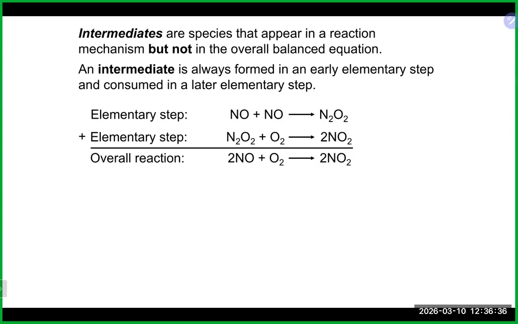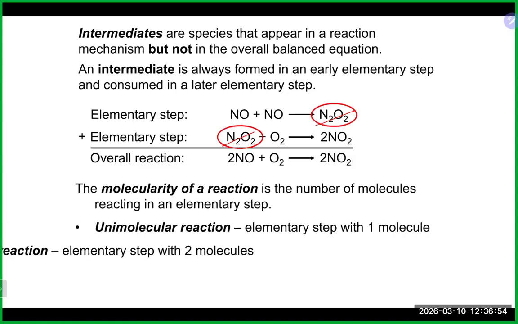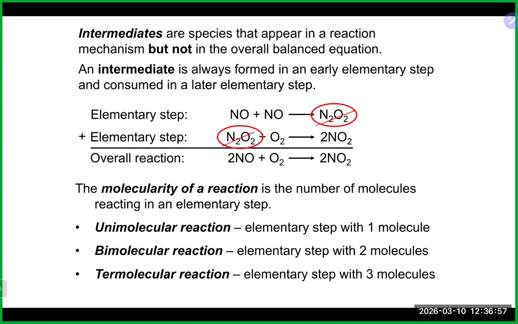If something gets reduced down, it could still be there at the end, and that would not be an intermediate. So an intermediate in this case is our N2O2. It gets completely canceled out. It is not left over when the reaction is done. It's formed in an earlier step and then removed before the end is reached.